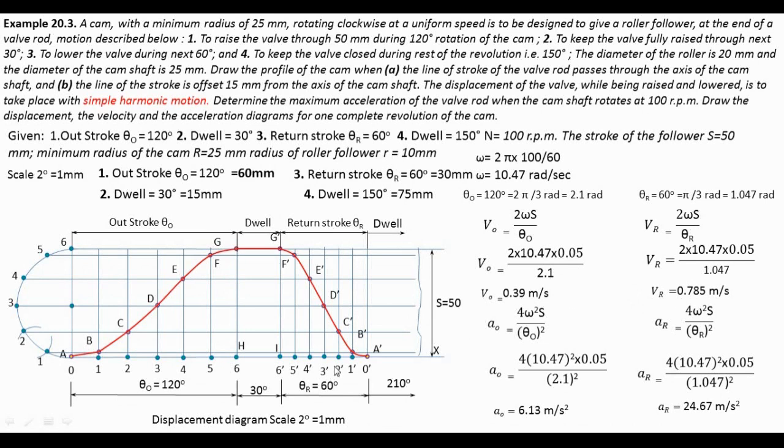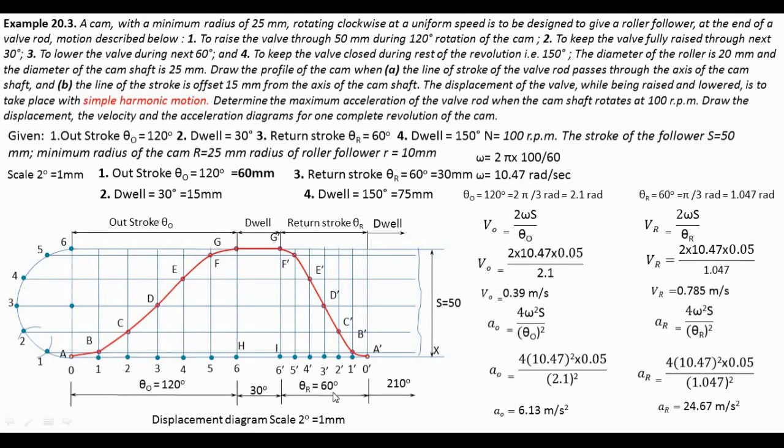Obviously it is increased because of the time required to trace the angle of 60 degree. Here you can see that the speed is 100 rpm. With a constant rpm, they have mentioned that the cam rotates with a constant velocity. So for the constant velocity, consider the time required to trace the angle of 60 degree. During the outward stroke, the follower travels a distance of 50 mm, but the cam rotates through an angle of 120 degree, so the time required is more, so that is why the velocity is less.